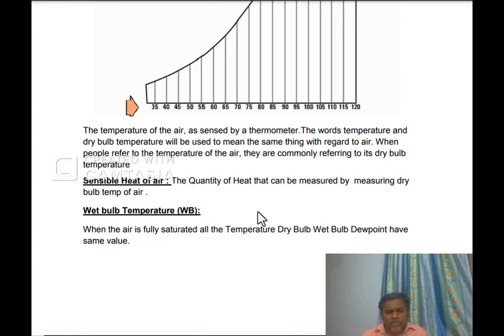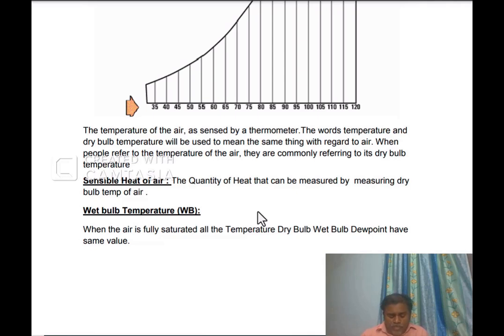So what is the wet bulb temperature? WBT, that is WB. When air is fully saturated, meaning the moisture level has been completely accumulated, if you take a volume of air when it is fully saturated, the dry bulb, wet bulb and dew point temperatures will all be the same. Suppose I take an example.